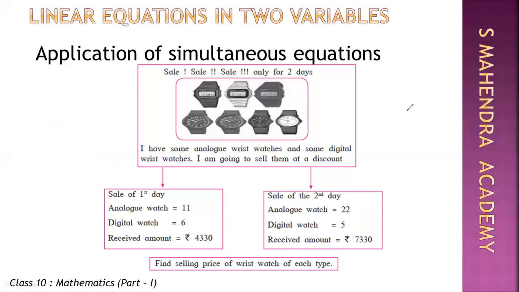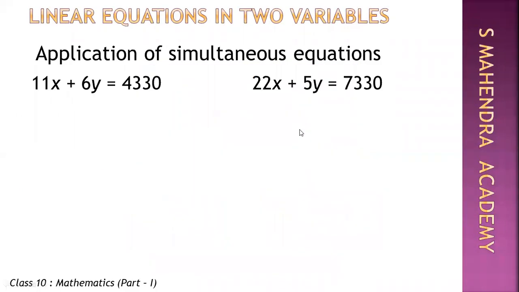So we will move forward for solving of these two simultaneous equations, and the equations are 11x plus 6y is equal to 4330, the equation number 1, and 22x plus 5y is equal to 7330, the equation number 2. So we will solve these equations simultaneously.